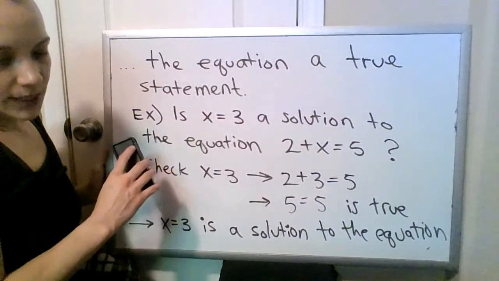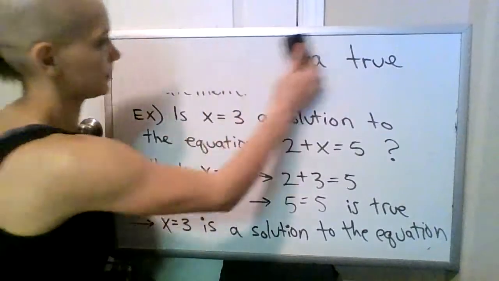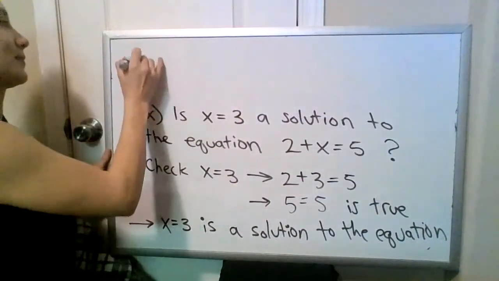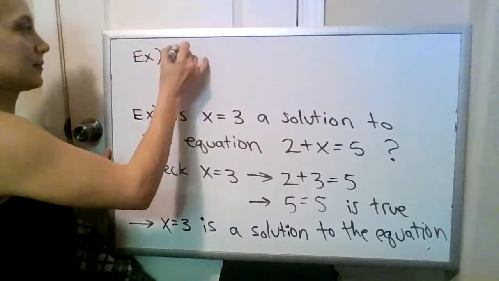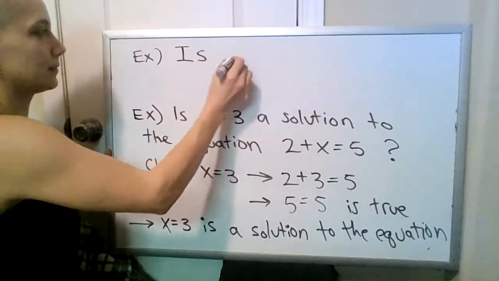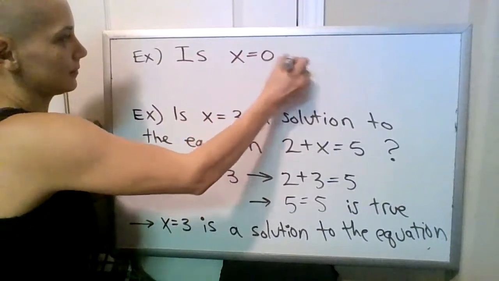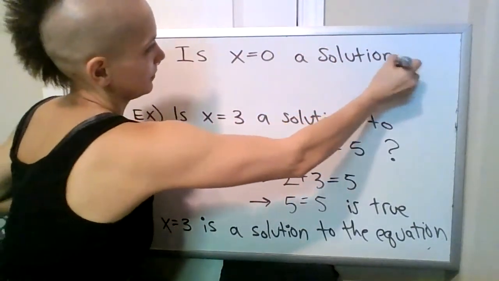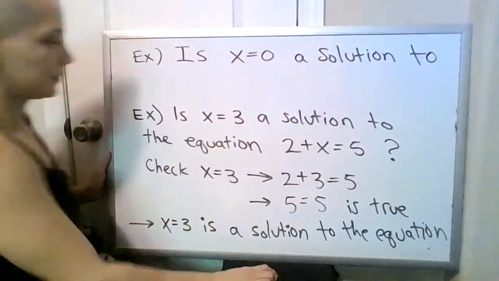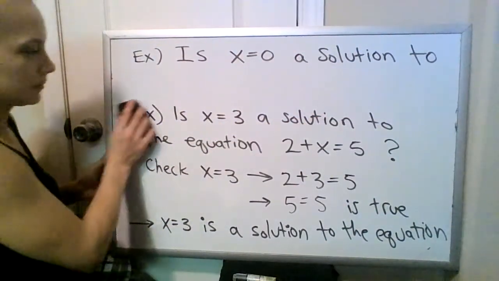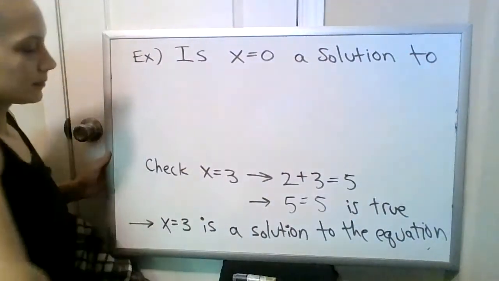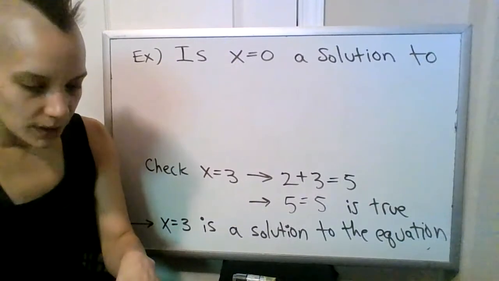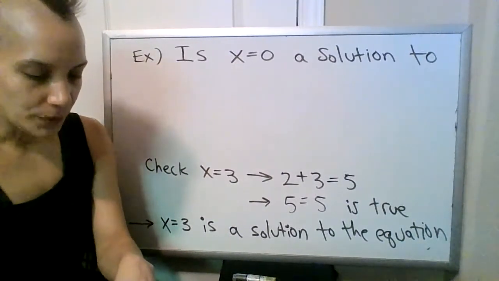Is x equals 0 a solution to 2x minus 1 equal to 4?